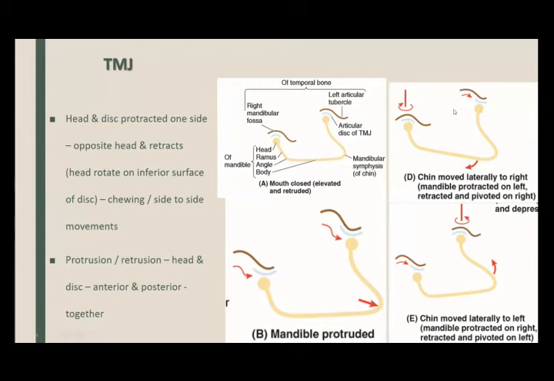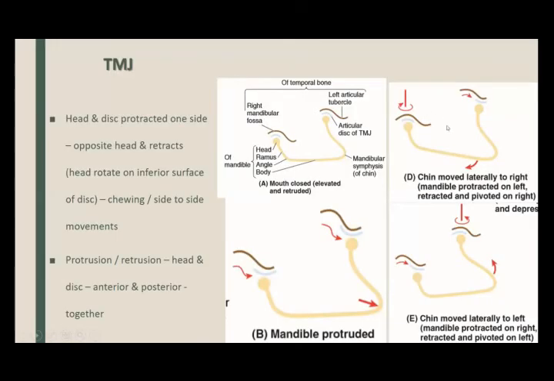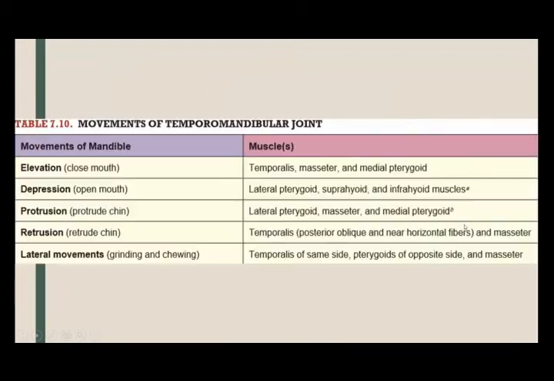So this is what happens. अब ये आपकी chewing movements होती है. This is the opposite side. ये एक दफा इस साइड पे, दूसरी दफा इस पे रोटेशन होगी, and the chin will move forwards.